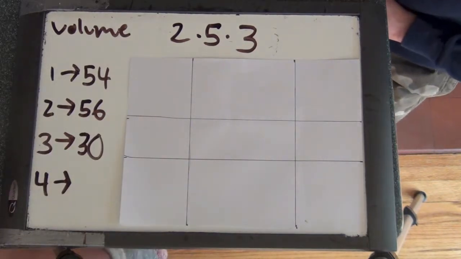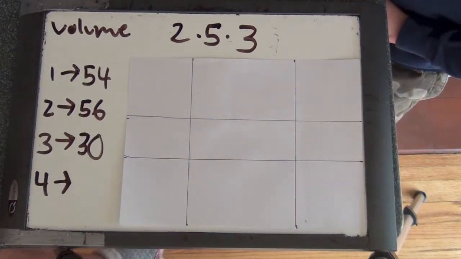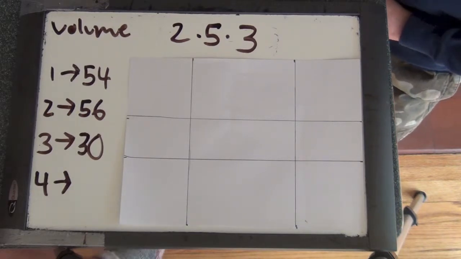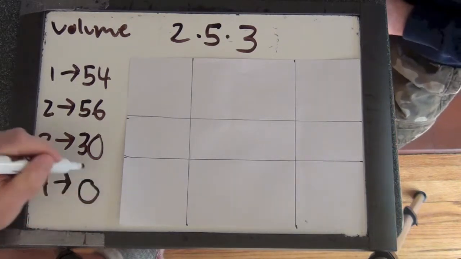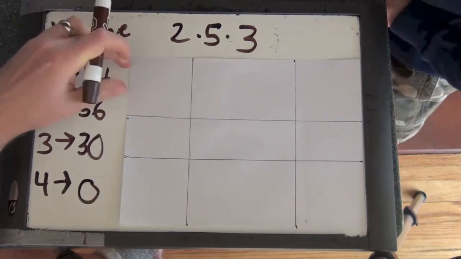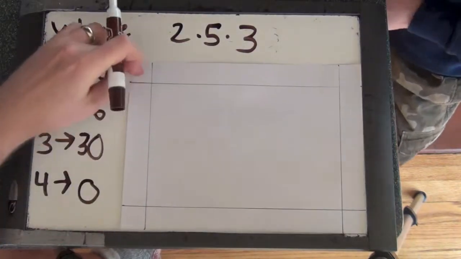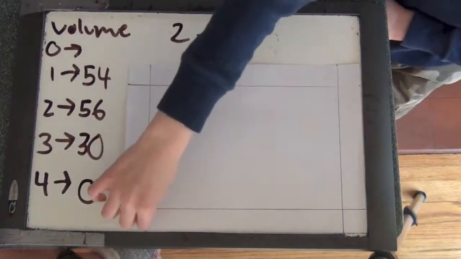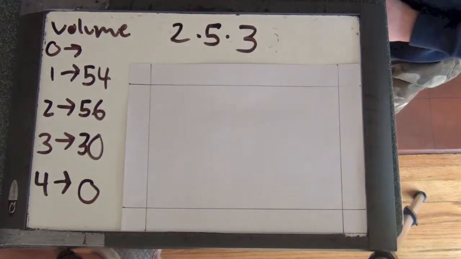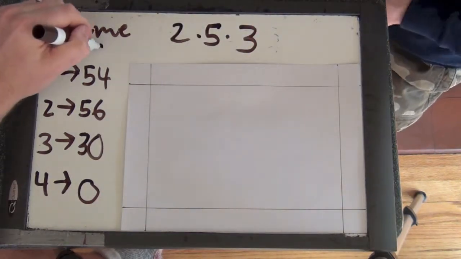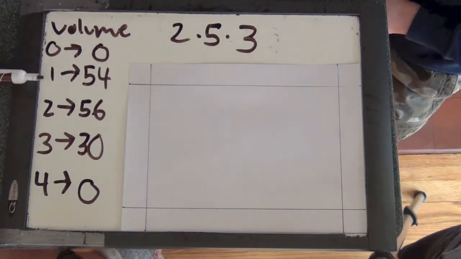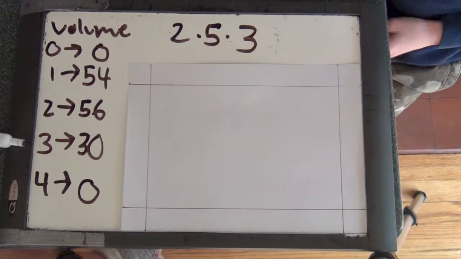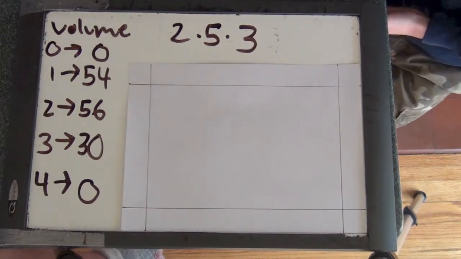So what would the volume be? 0. And what if my squares had length 0? You wouldn't have any height, so that would be 0 also. So we have an interesting pattern for the volume. It goes 0, 54, 56, 30, and then back down to 0.